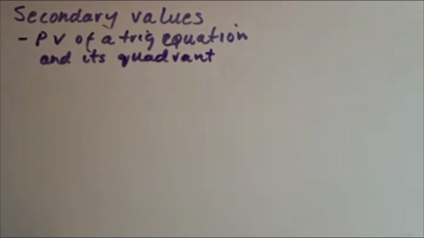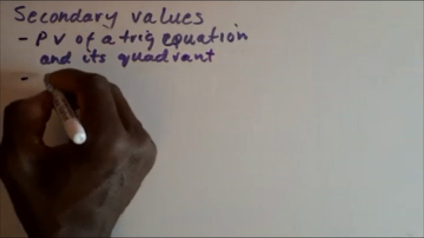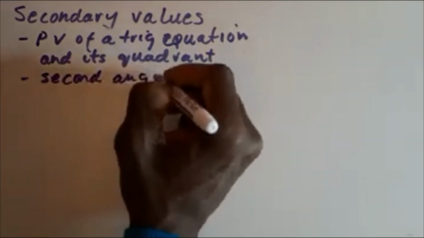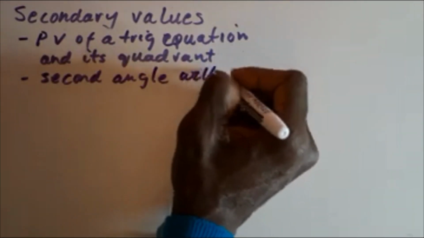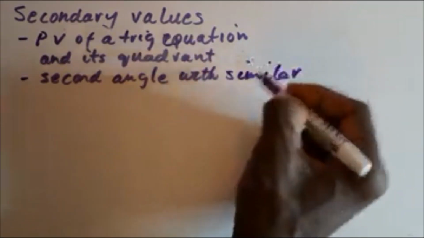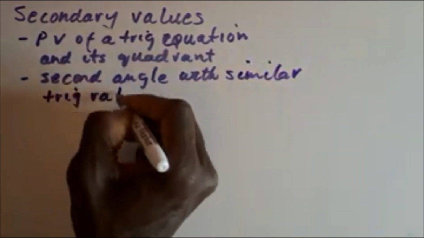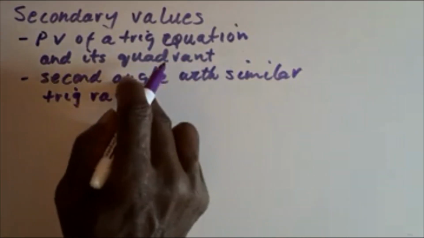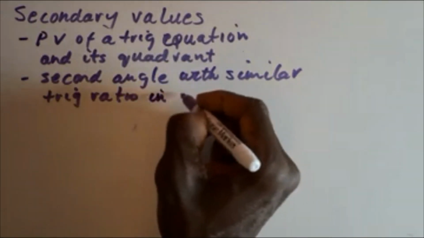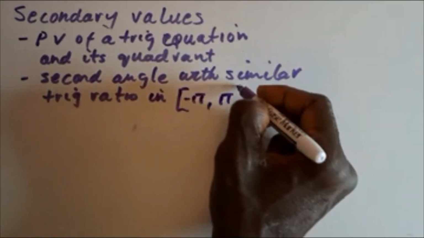It's normal to find a second angle with a similar trig ratio, and that's in the interval minus pi to pi.